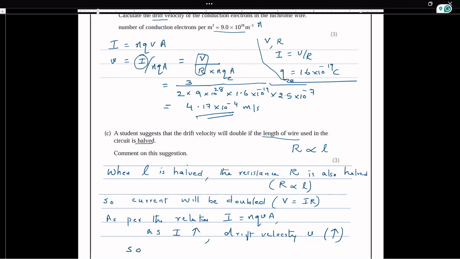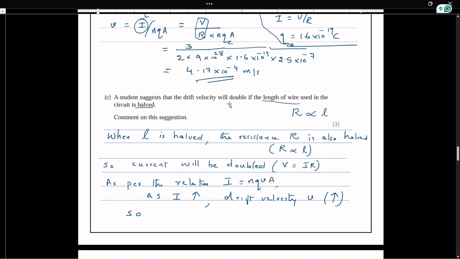So the student's suggestion is that the drift velocity will double if the length of the wire used in the circuit is halved.